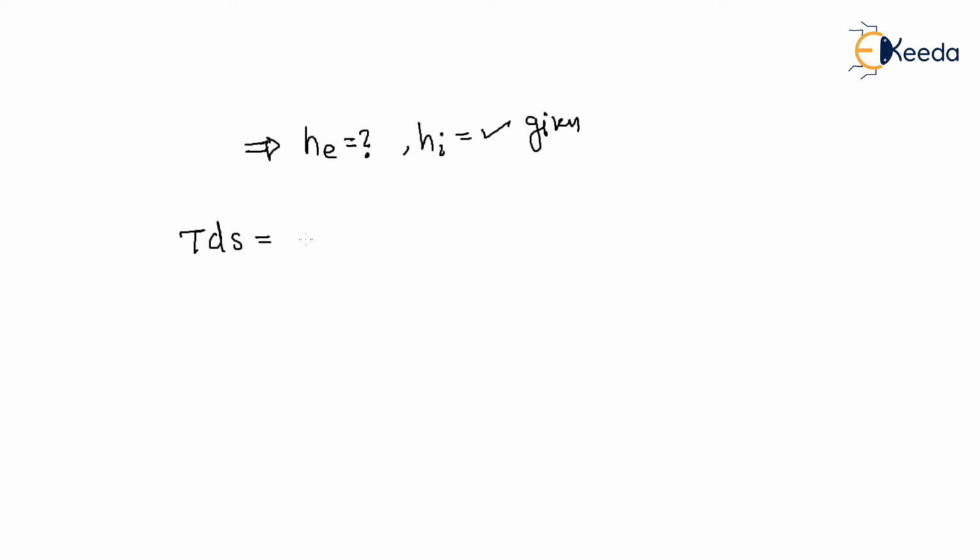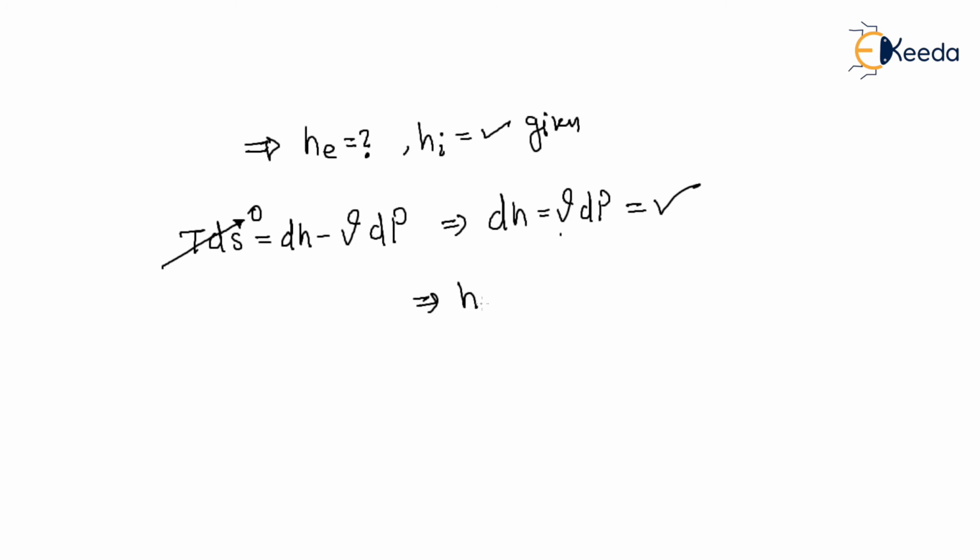So apply the TdS relation. TdS is equal to dH minus VdP, right? And this is isentropic, so this is 0. So dH is equal to VdP, which you have already calculated. So He minus Hi is equal to VdP, and you have Hi, so you calculate He in kilojoule per kg.